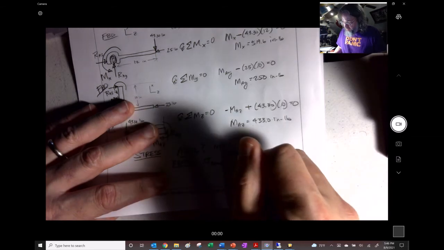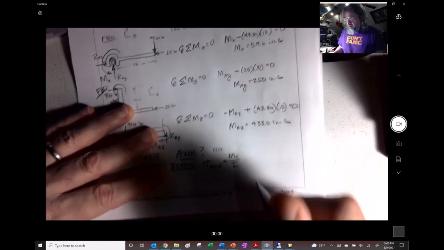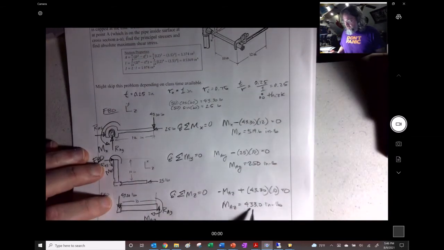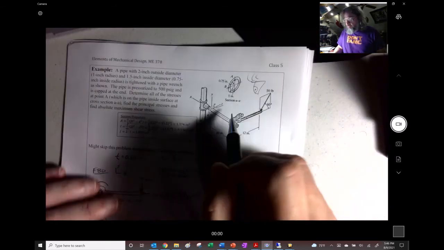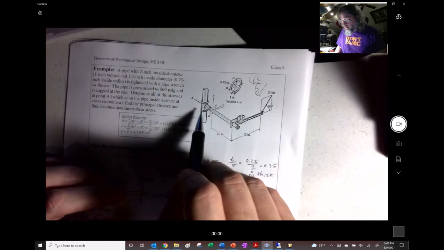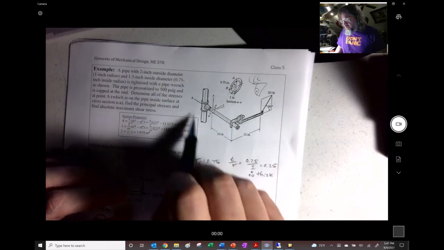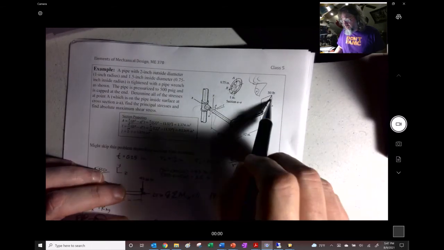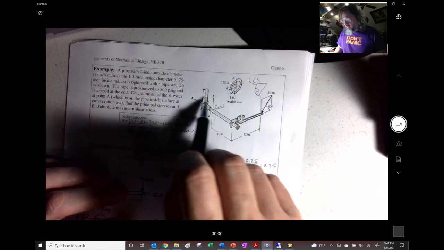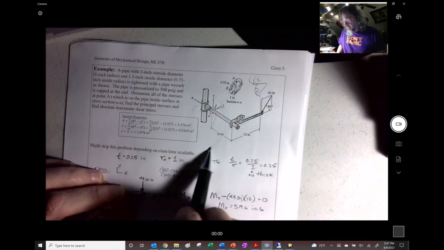Bending stress is going to be MC over I, and we already established that the moment was 433. But what's it doing? Is it tension or compression? You can tell by that component that it's going to make this thing bend downwards right there.